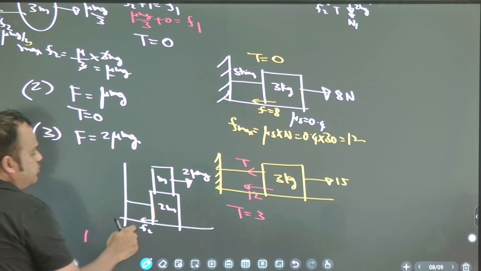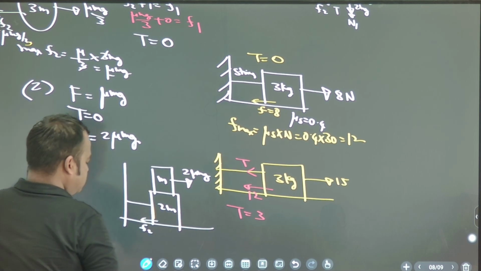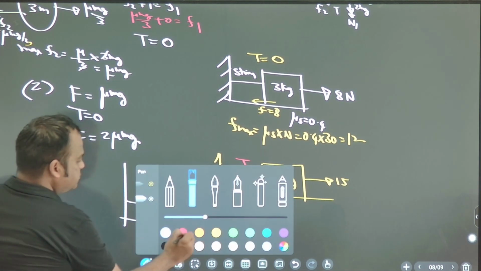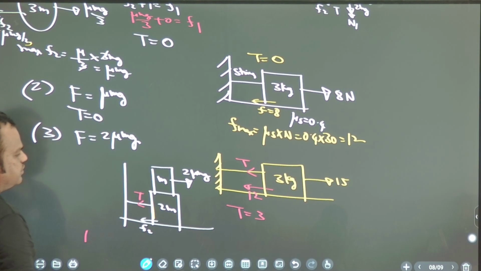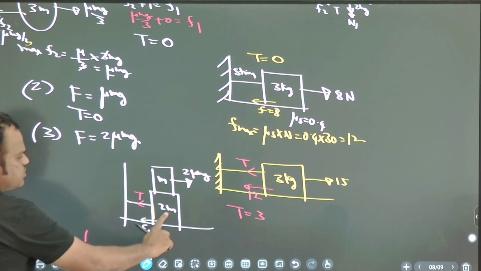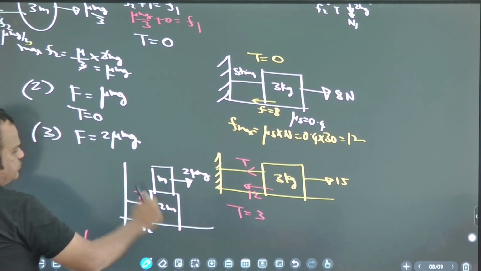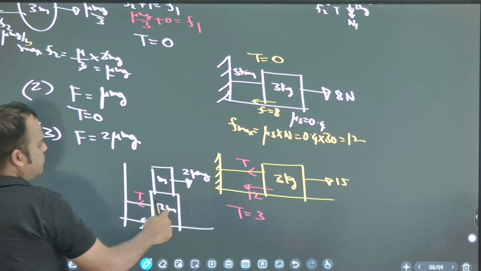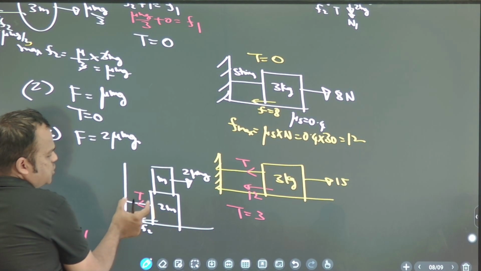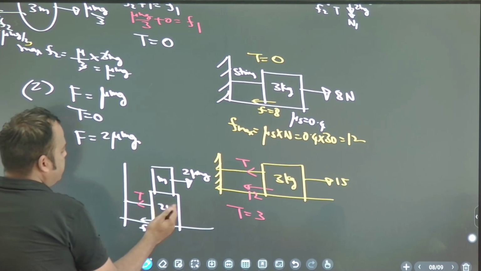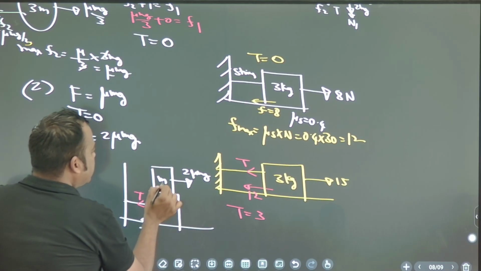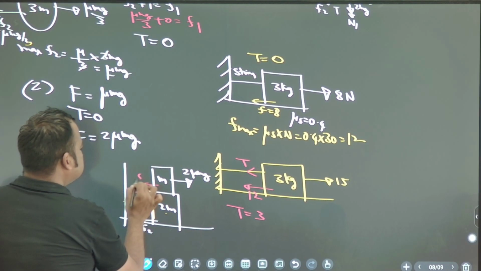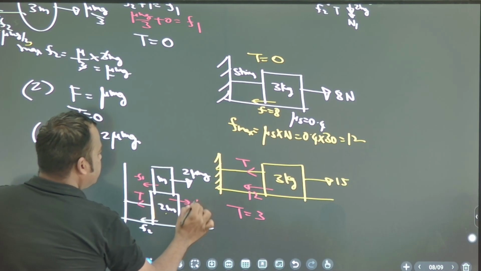So friction is not sufficient, so tension will be there. So what is the acceleration of 2m? Acceleration of 2m will be 0 because the string is there. So friction on m will be left and friction on 2m will be right.